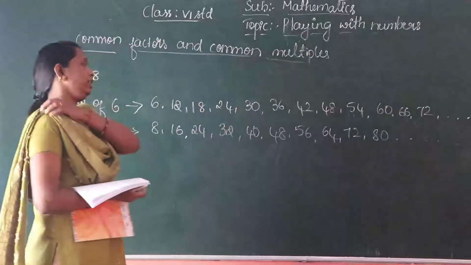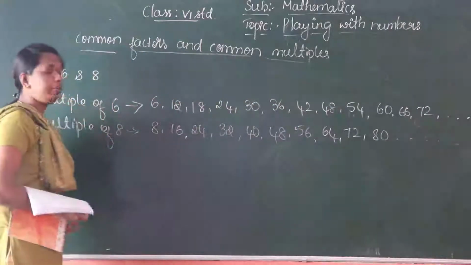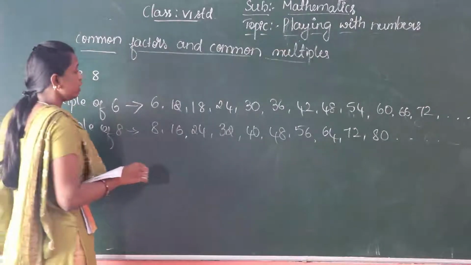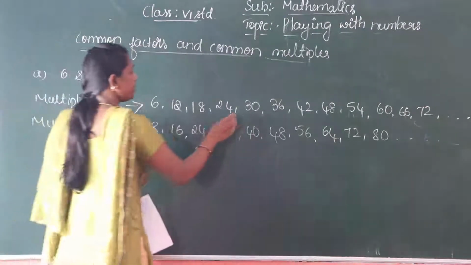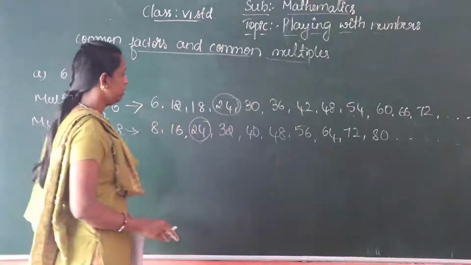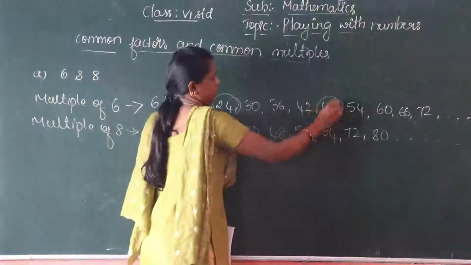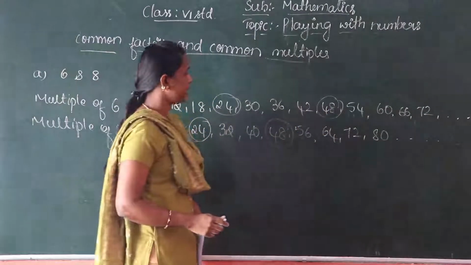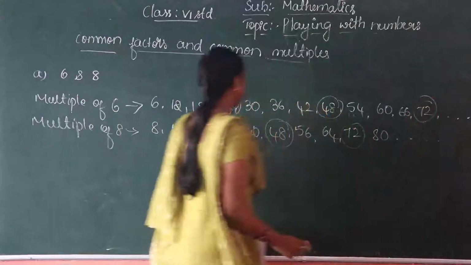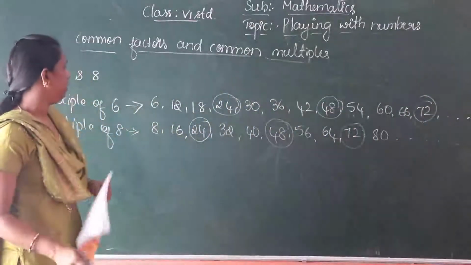Here we can find the common multiples in both the 6th table and 8th table. Here, which are the common multiples, children? Here 24 is there, here also 24, and then 48 is there, 48, then 72.